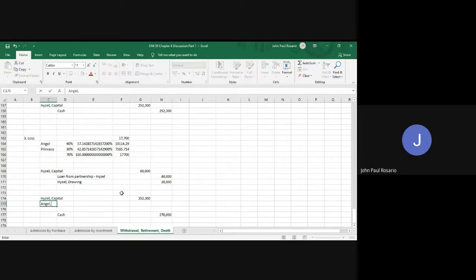So Angel Capital, since it is a loss of the partnership, the loss goes to the capital balances of the partners. So we deduct from their capital balances: 10,114 for Angel Capital, and 7,586 for Princess Capital.